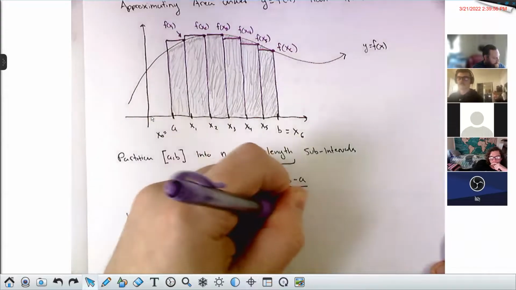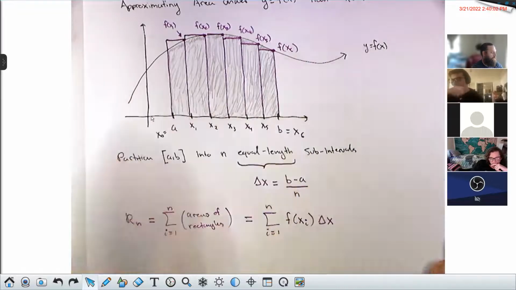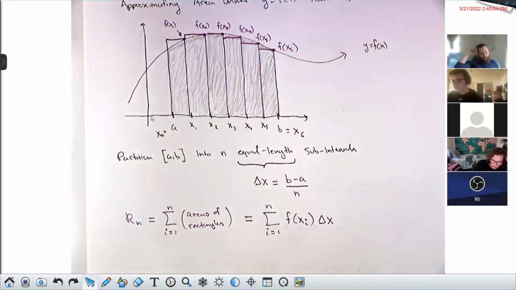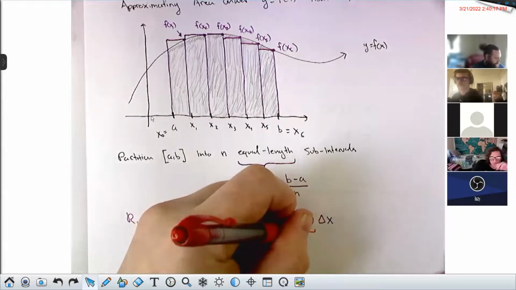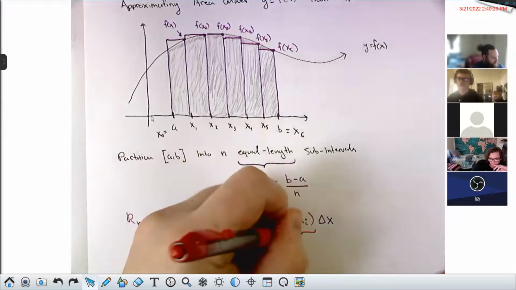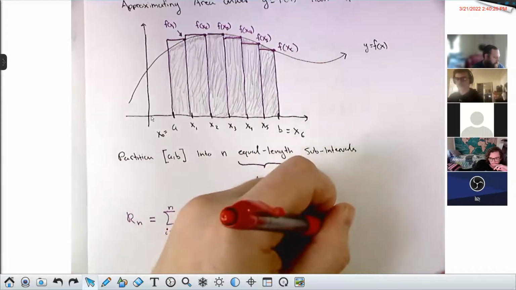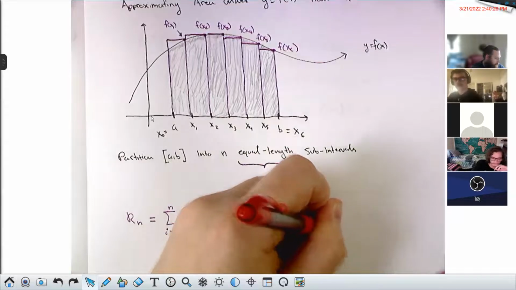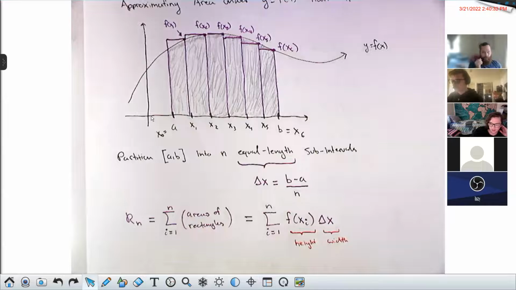So we get here f of xi times delta x, because this is the height of the ith rectangle, and this is the width. I being the subscript, right?